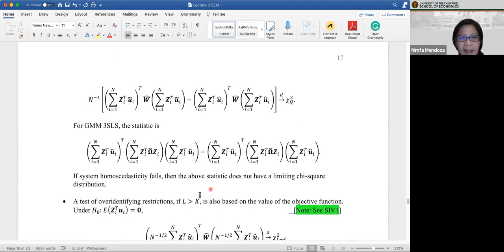Now suppose you have the GMM three-stage least squares estimator, then you just replace W hat here with the appropriate W hat, and the statistic would reduce to this.